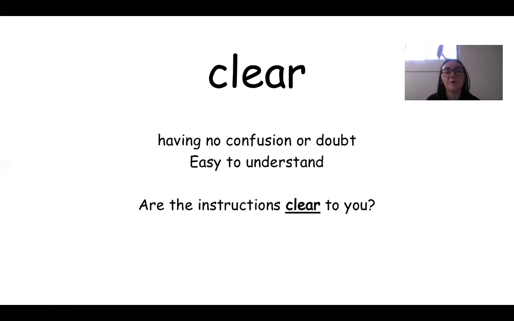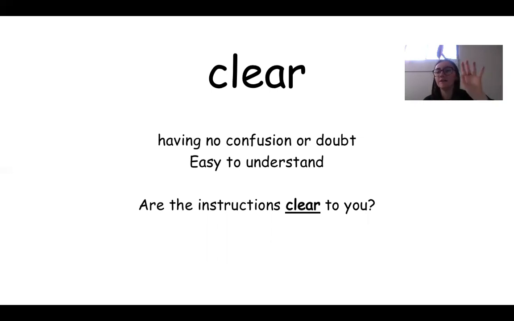So the next word we're going to talk about is clear. Now, we can use the word clear to describe things, right? Like glass is clear. But we can also use that to talk about instructions, about ideas. When you say that something is clear, but you're talking about an idea or instructions or something that somebody said, it's not a thing, right? It's something that you can't physically touch, right?